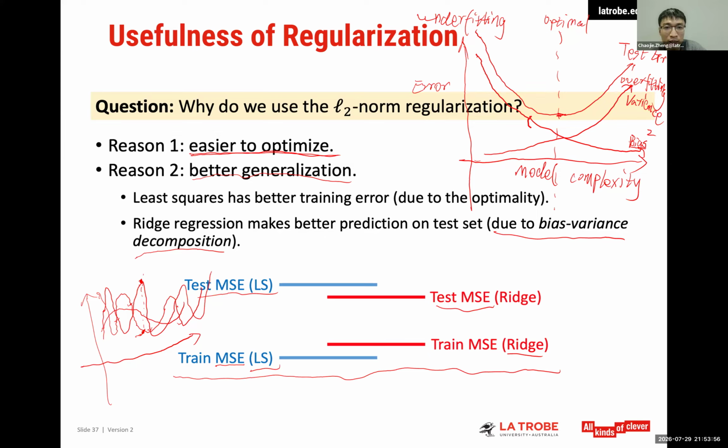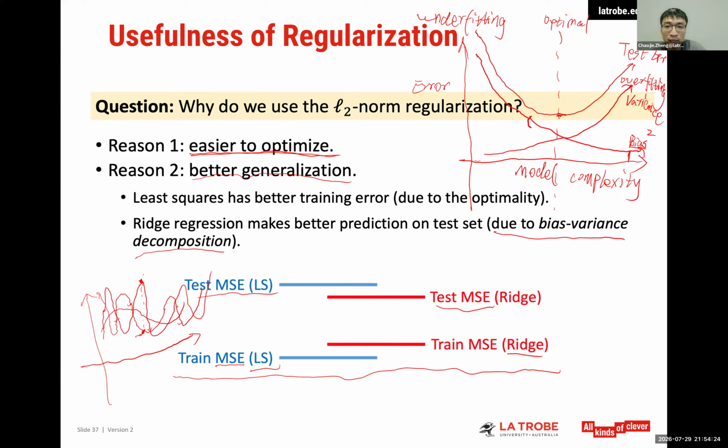So for ridge regression, what the regularization term is doing is it will slightly increase the bias. Let's say we have trained a very complex model at this point.